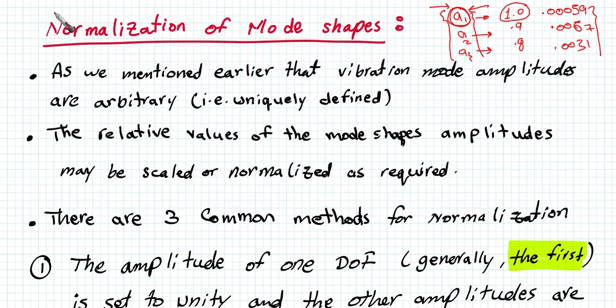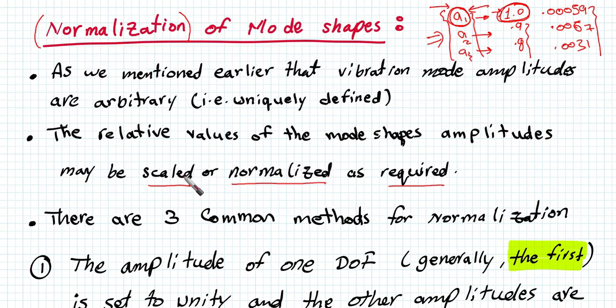From here we use the word normalization, like anchoring the results, letting one result be clearly unified, or unit, and the others become ratios of this unit. This gives us a good way of understanding the amplitudes in general. The relative values of the mode shape amplitudes may be scaled or normalized as required.